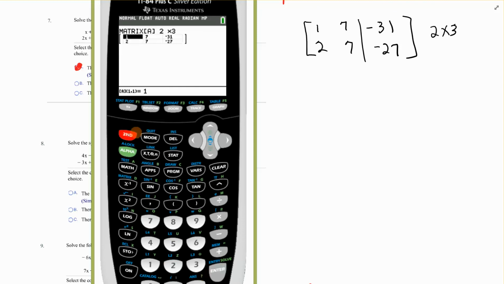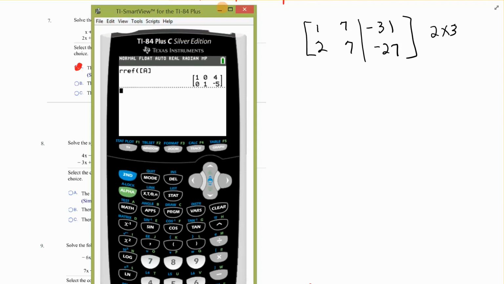All right, second quit, and we want to go back into matrix, over to math, and I'm going to go up because it's quicker to get to where I want to go. We'll go to RREF and enter. Go back in and choose the one that we had, which was A. All right, so we're telling the calculator, do all the work, all the row reduction, and let's solve this. So we're not actually doing it the method that they're asking us to, but we are solving it.